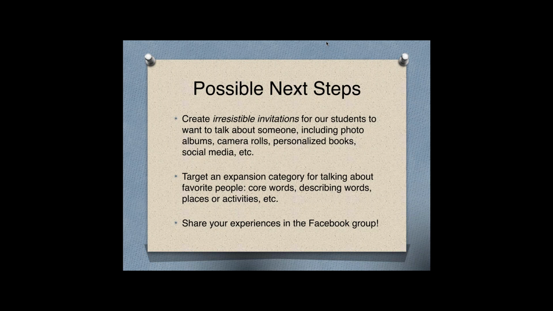It can be just spending some time in social media, such as Facebook, looking at all their favorite people and looking for opportunities to use these words like he and she and to expand on them. Maybe that's all the next step that you want to take. Maybe you feel like you already do that and you want to target an expansion category. So you're not going to just go on social media and look for chances to use he and she.